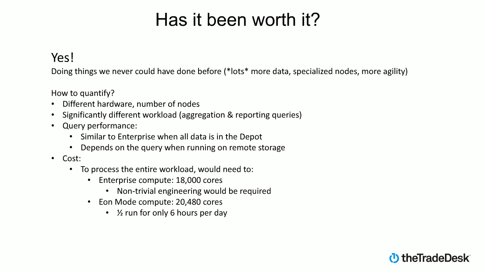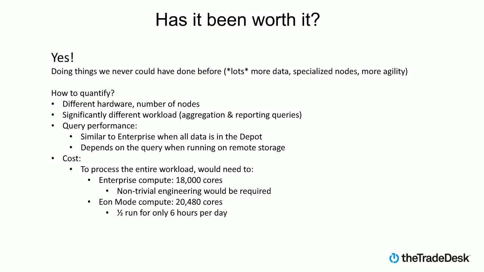So for enterprise, I'd estimate that we would need approximately 18,000 CPU cores altogether. And that's a big number, but that doesn't even cover all the non-trivial engineering work that would be required that I referenced earlier. Things like sharding the data among multiple clusters, migrating the data from one cluster to another, the daisy chain type stuff. So that's a data point.